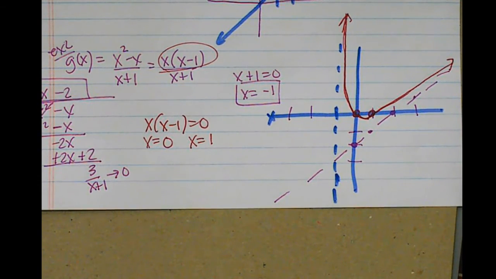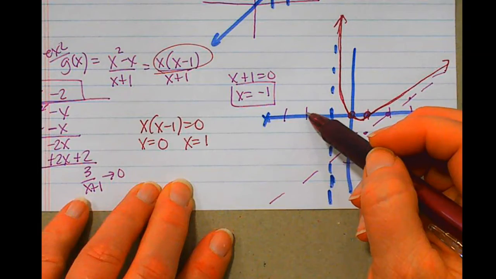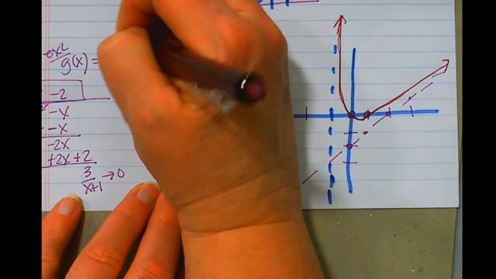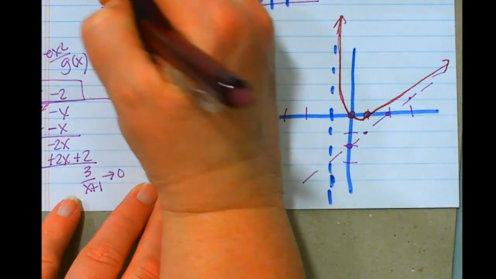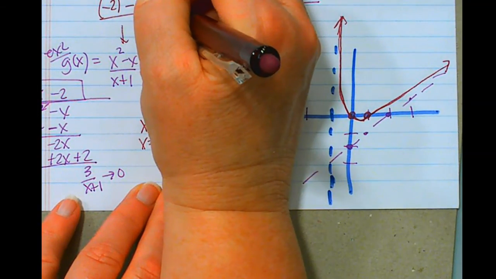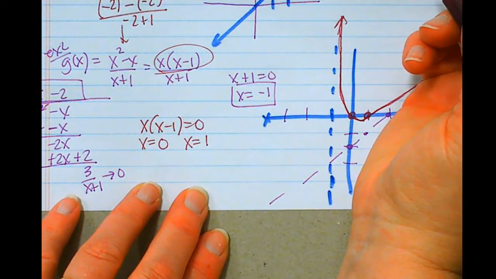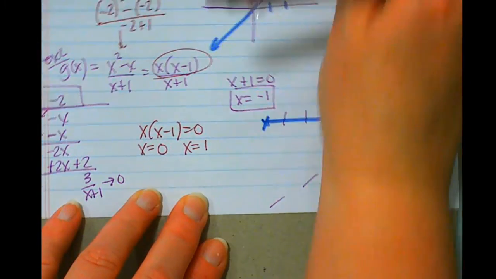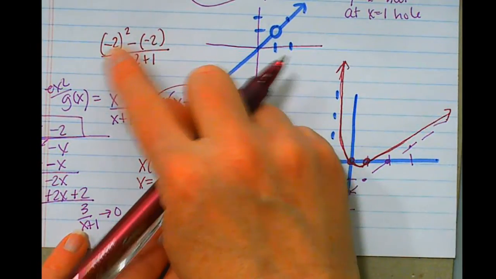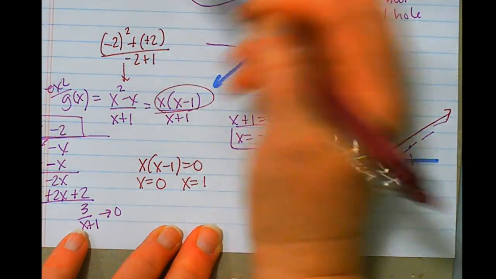We can say, well, what happens at -2? We could actually plug it in right here and say -2 squared minus -2 over -2 plus 1. What does that give us? Can you see it all? -2 squared is 4. 4 plus 2, right?